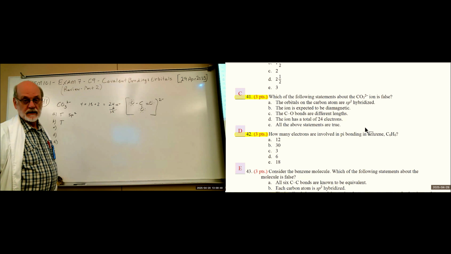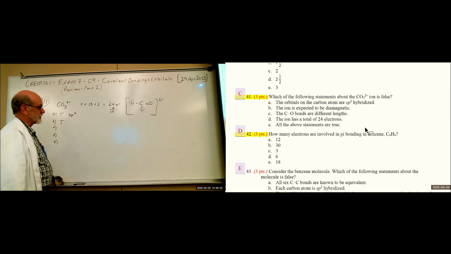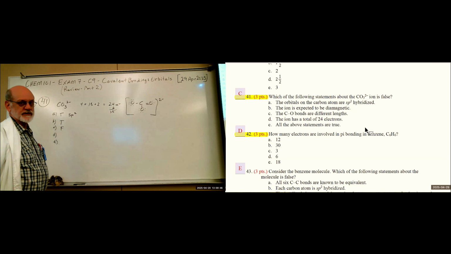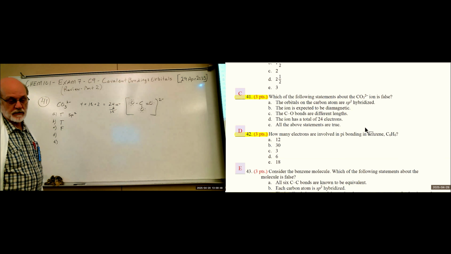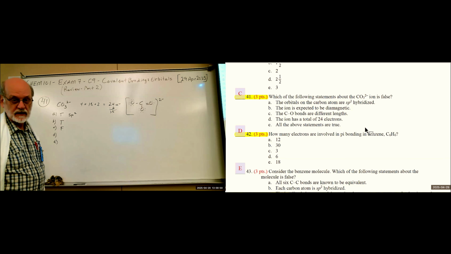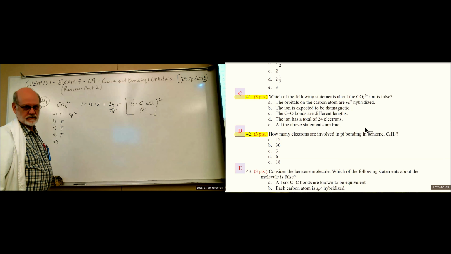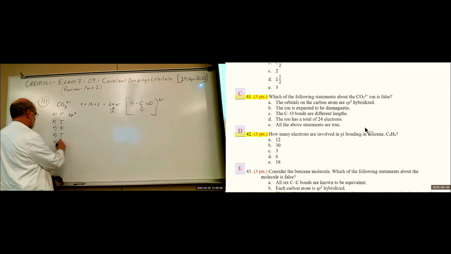Yeah, it does. CO bonds are different lengths? No. CO bonds are all the same length. So C is your false one. Total of 24 electrons, yep, that's true. And the last one, all the above are true, that's false.